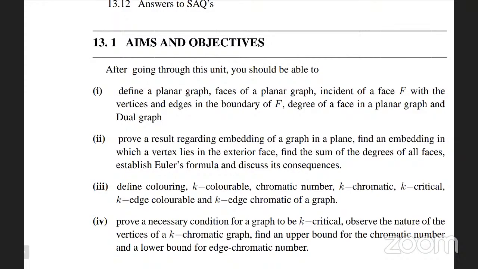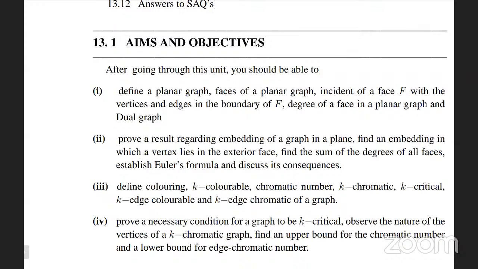Next, prove a result regarding the embedding of the graph in a plane, find an embedding in which a vertex lies in the exterior face, find the sum of the degrees of all the faces, establish Euler's formula and discuss the consequences. And the coloring point of view discussions will come here.